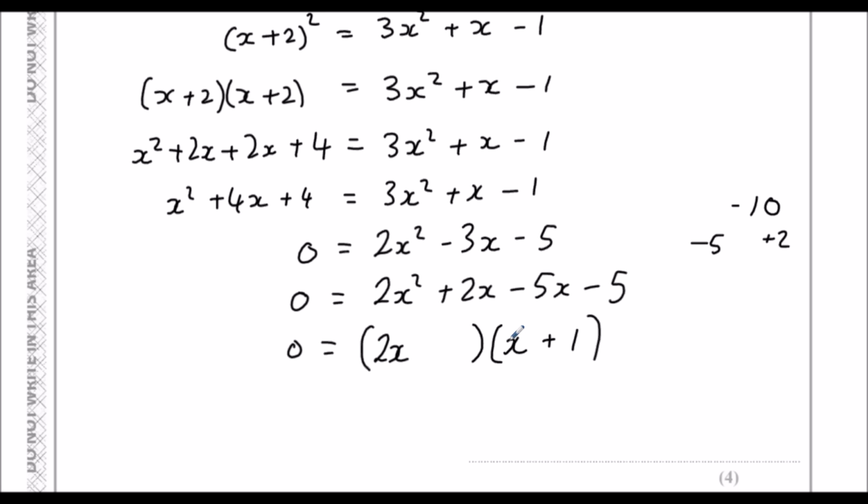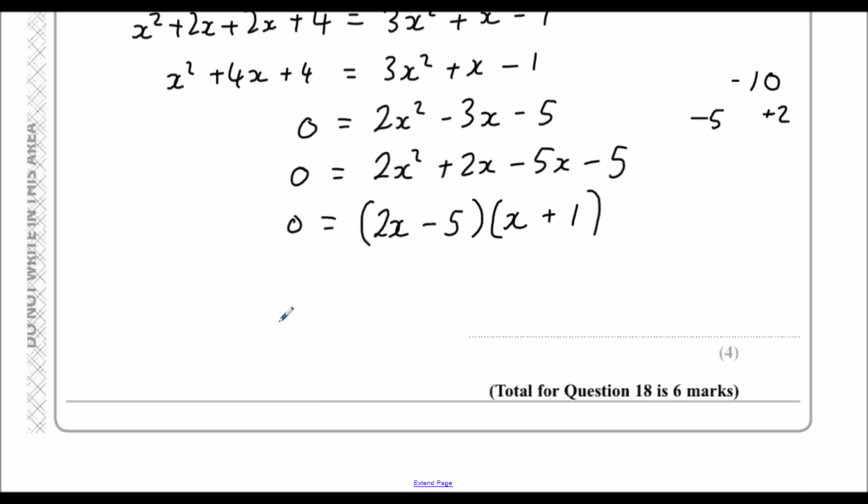And then minus 5 times x is minus 5x. And minus 5 times 1 is minus 5. So what's x? What makes the first bracket 0? x would have to be 2.5 or 5 over 2. Or what makes the second bracket 0? x would have to be negative 1.